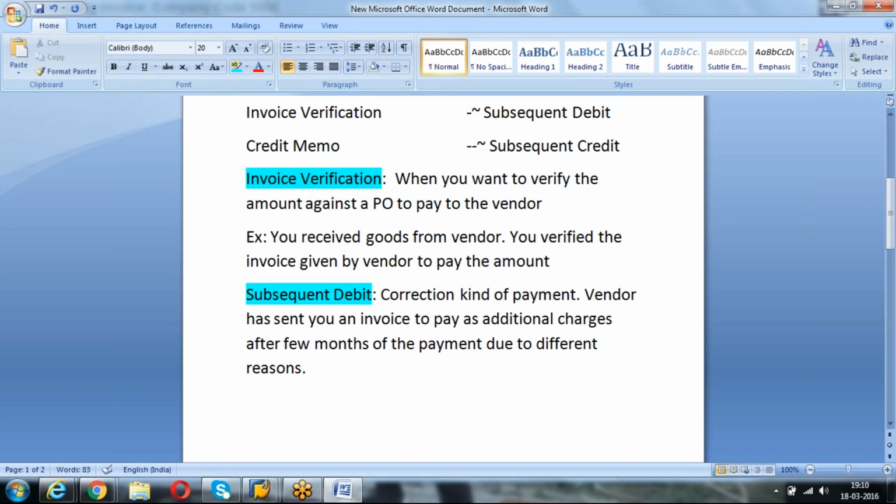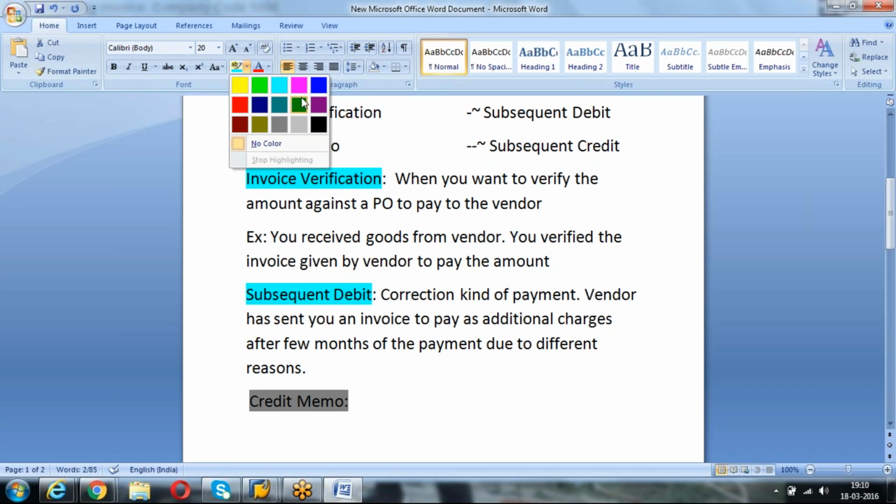And coming to credit memo, I'm giving the same color just for your understanding, because both come under a similar category. I will give invoice verification red because we are going to lose, right?